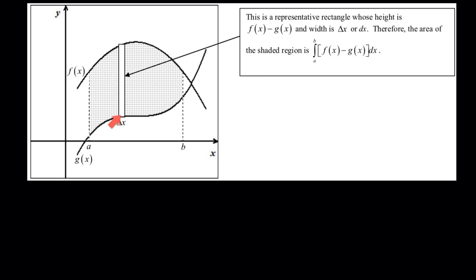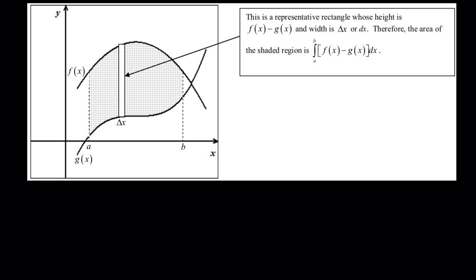And then the height of the rectangle is going to be the distance from one function to the other function. And you find that distance by taking the largest or the highest point and subtracting the lowest point. And that would give you the length of this.